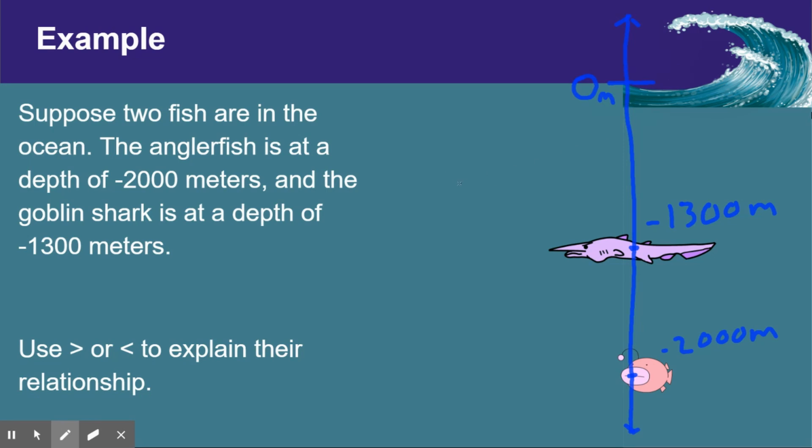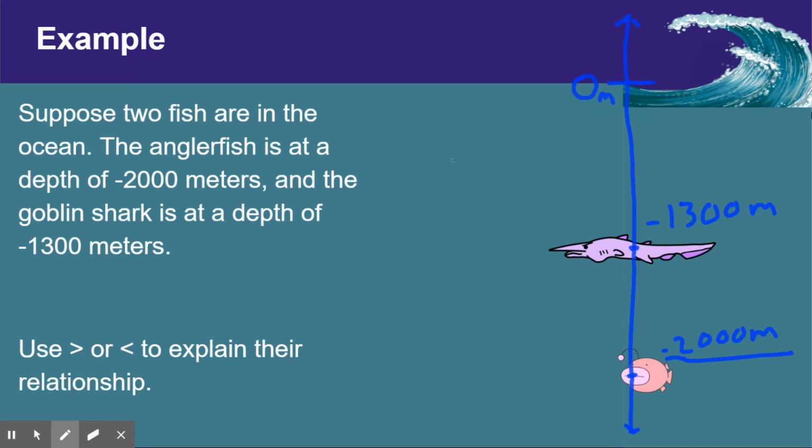So if we think about which one of these is greater, you may be tempted to say that the depth of the anglerfish, this value here, the negative 2,000, is going to be the larger number, because normally 1,300 is going to be less than 2,000. You have to remember, though, that these are negative values.